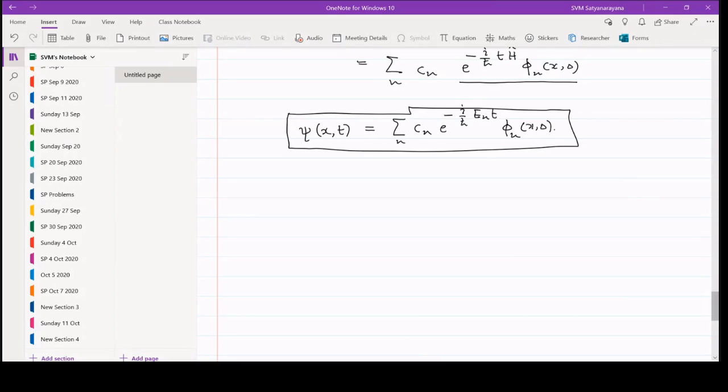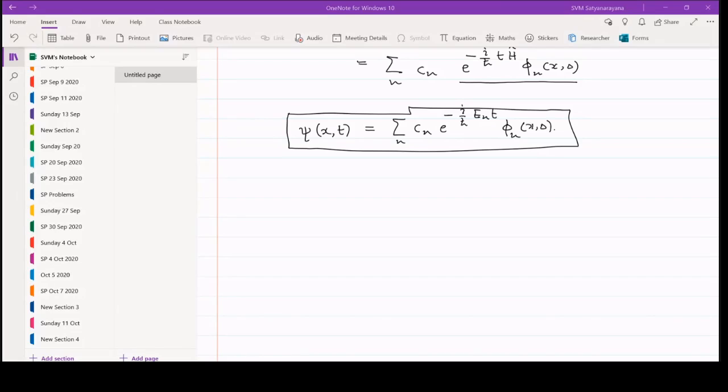Any other question? Yes, Abhijit? Sir, when you are talking about stationary states, phi of x comma 0 is one of the eigenstates of the system, an energy eigenstate. Even if we do not measure the system, the system is a superposition of all possible eigenstates, and if we talk about time evolution, then all of these different eigenstates are evolving together with time, according to the last statement.